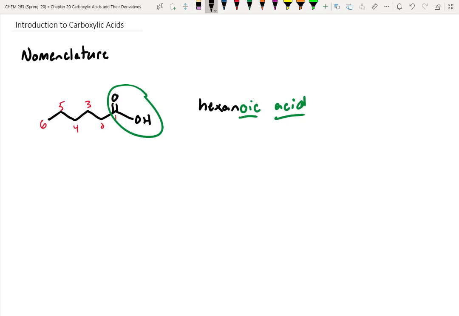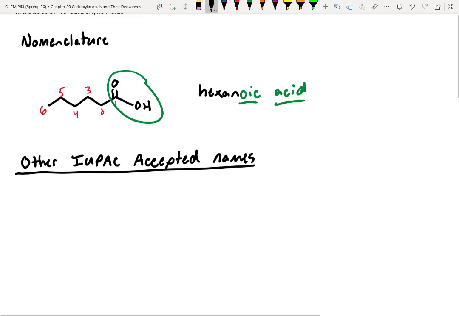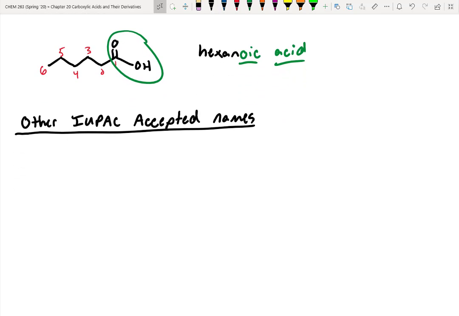All right, I did want to go over some other IUPAC accepted names. And these, for the most part, are holdovers from pre-IUPAC times, but let's take a look at them.